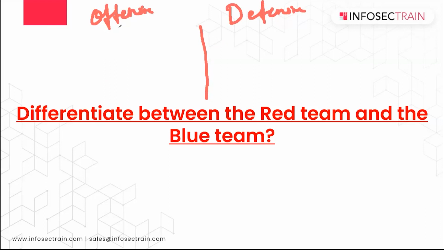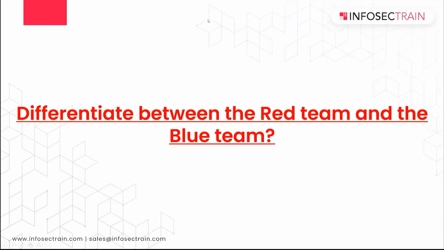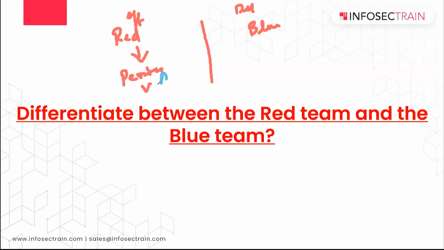On the offensive side, we have red team, and on the defensive side, we have blue team. Red team is going to perform pen tests, vulnerability assessments. They are going to bypass the security controls to find out the loopholes or weaknesses in the network and the application.